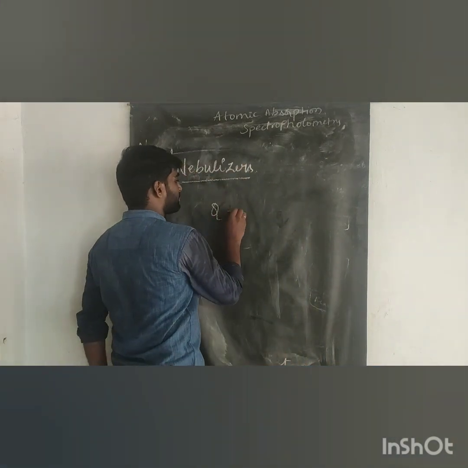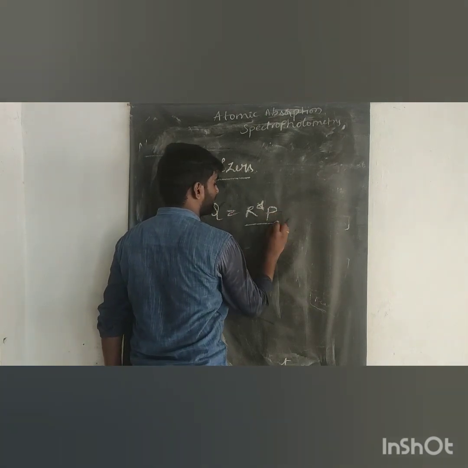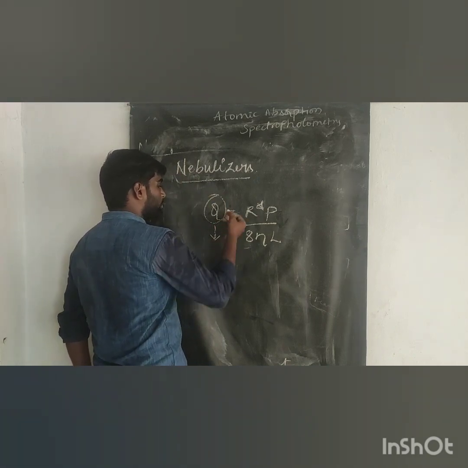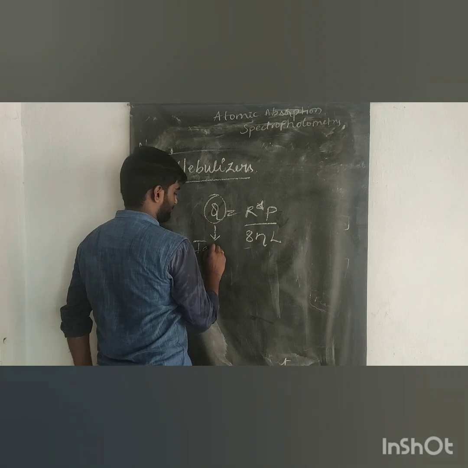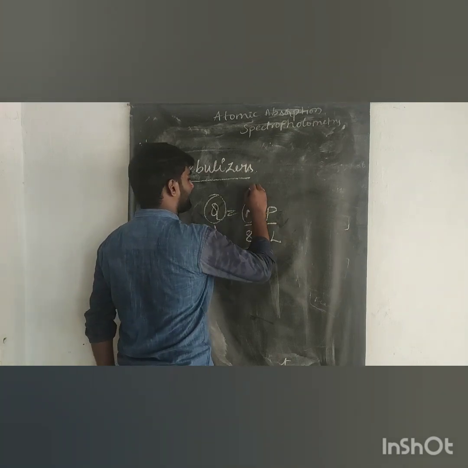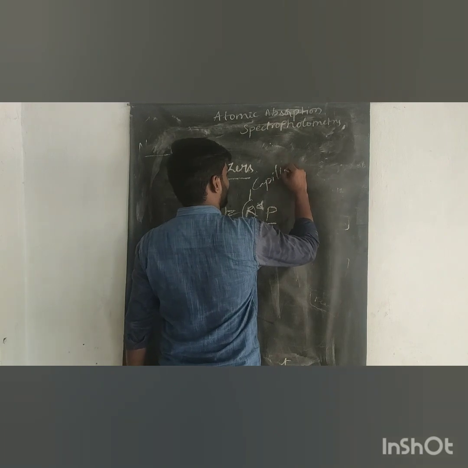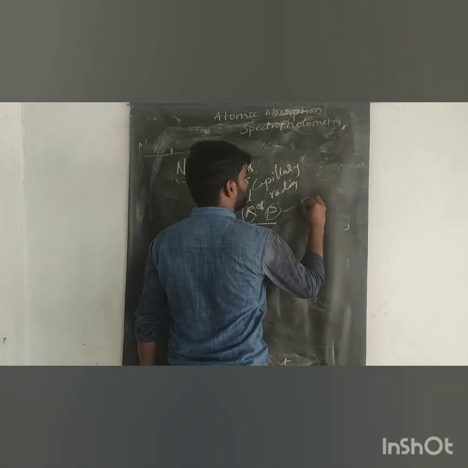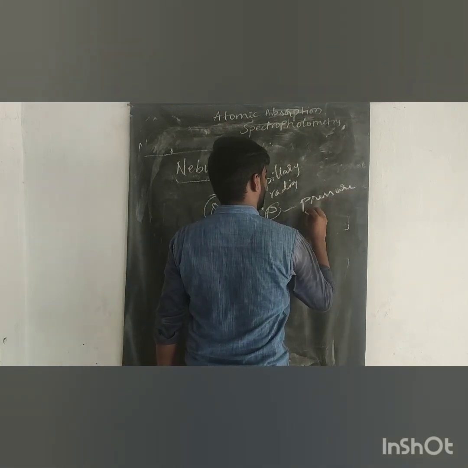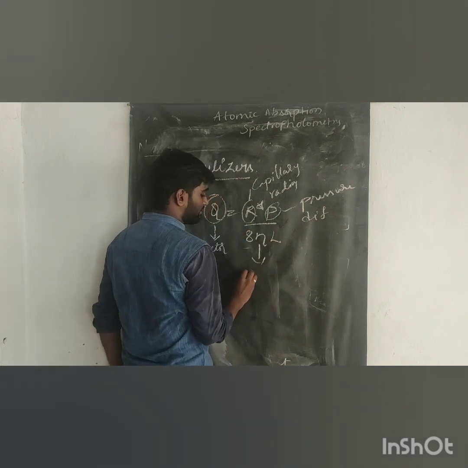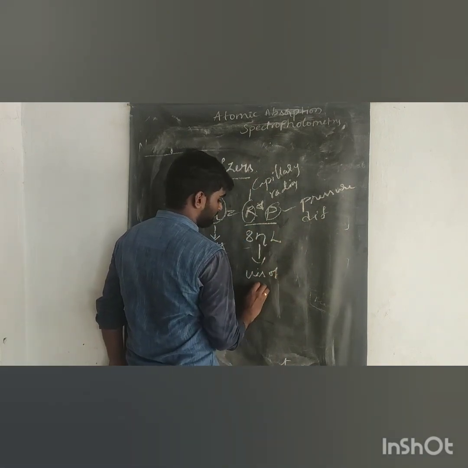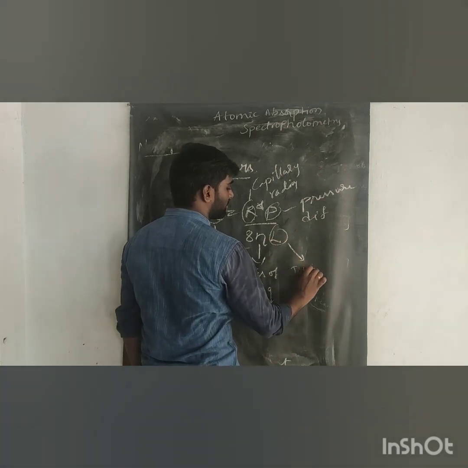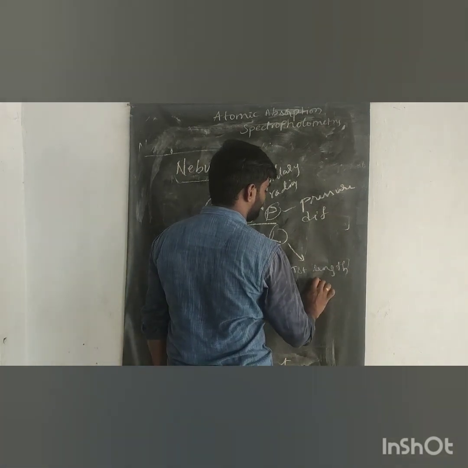Poiseuille's equation: Q equals pi R to the fourth times delta P divided by 8 eta L. Here Q is the flow factor, R is the capillary radius, delta P is the pressure differential, eta is the viscosity of the liquid, and L is the total length of the liquid.